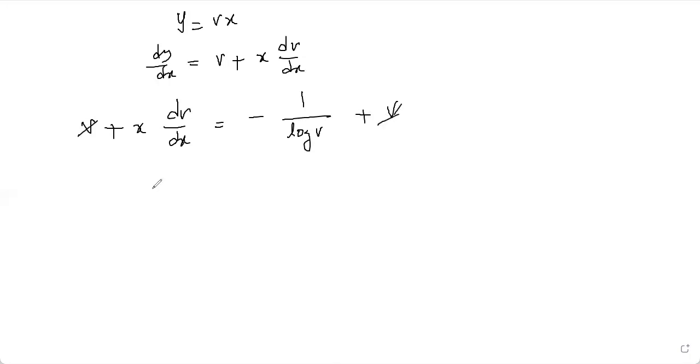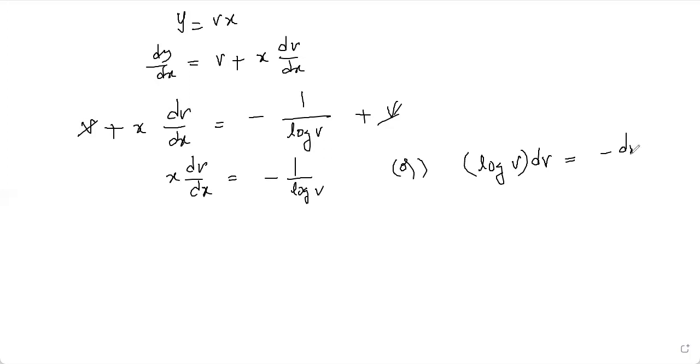Or x dv by dx is equal to minus 1 by log v, or log v dv is equal to minus dx by x.